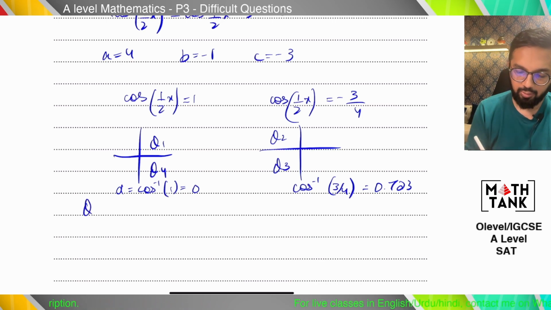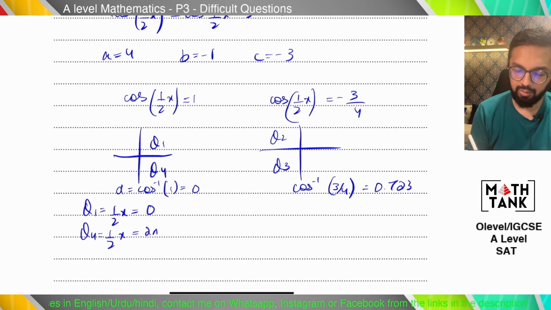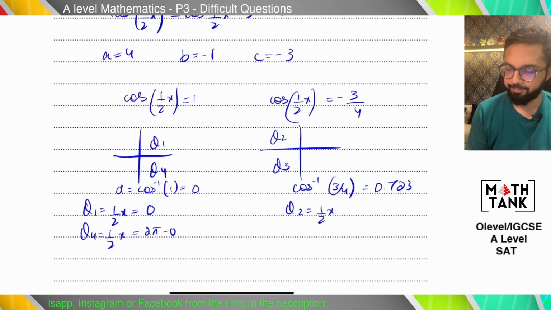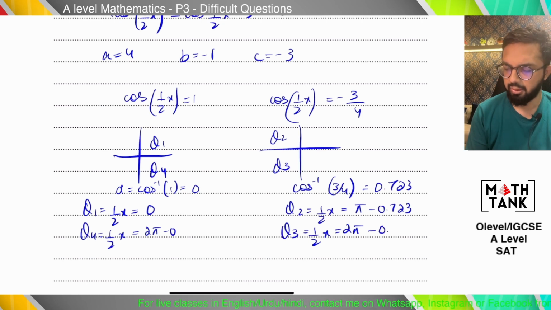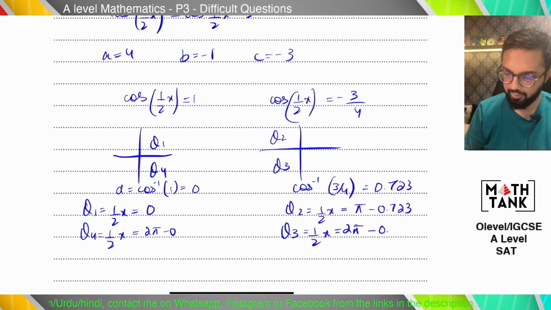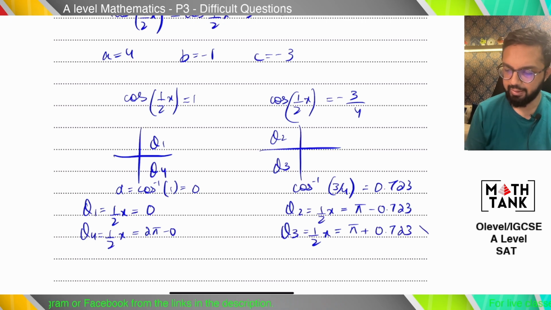So then I get quadrant 1: half x equals 0, and quadrant 4: half x equals 2 pi minus 0, and quadrant 2: half x equals pi minus 0.723, and quadrant 3: half x equals pi plus 0.723. Okay, so this will exceed 2 pi, this will also exceed 2 pi, so I have just two answers.